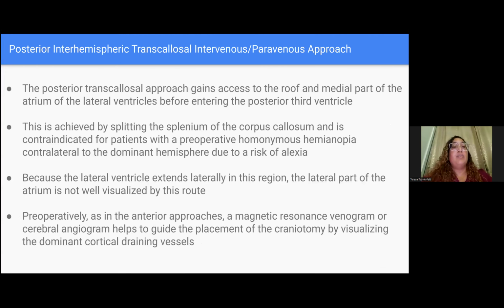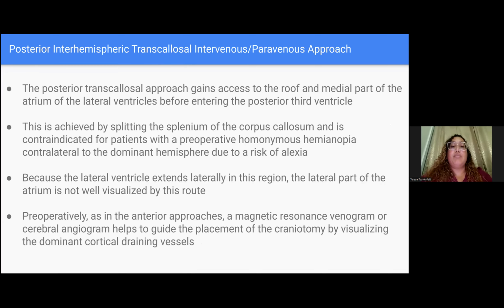Right, so starting with the posterior interhemispheric transcallosal intervenous or paravenous approach. The posterior transcallosal approach gains access to the roof and the medial part of the atrium of the lateral ventricles before entering the posterior third ventricle.